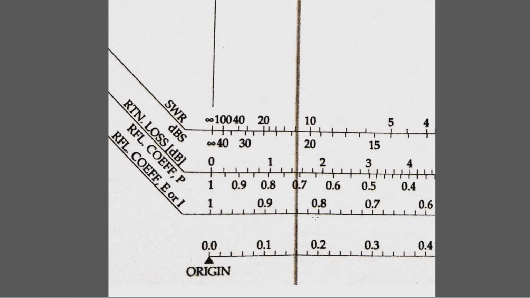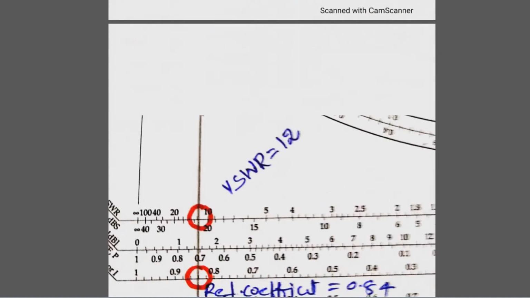Each one will become 0.02. From 0.8 to 0.84. So SWR will become 12 and the reflection coefficient will become 0.84. I will show that there with a value.